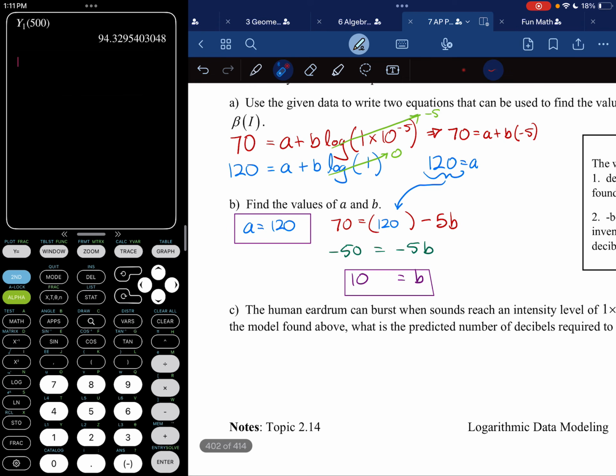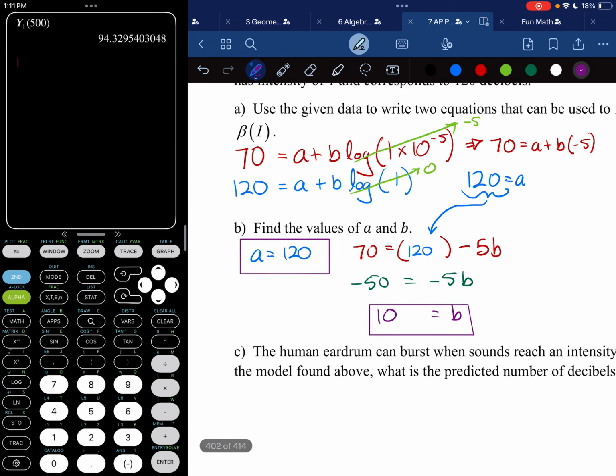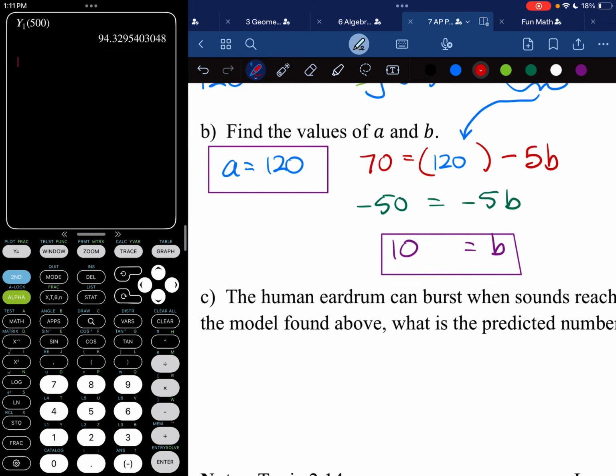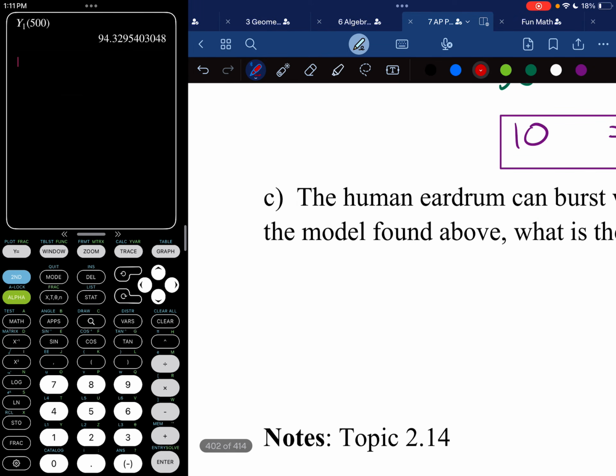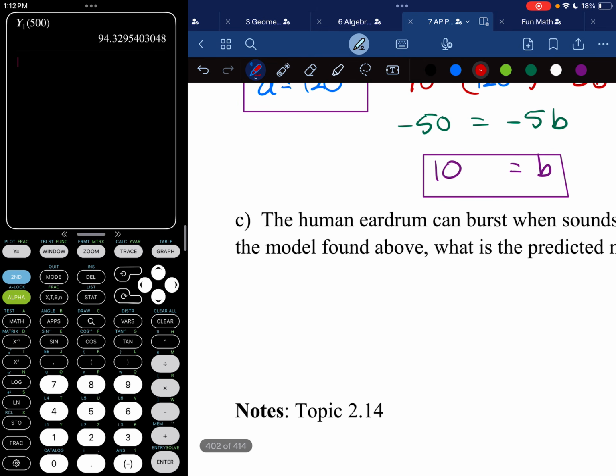Interesting. Okay, so what I need to do here is essentially use A and B to plug into my formula. Remember, my generic formula, I don't have it written anywhere, is my output, which I think is beta, right?